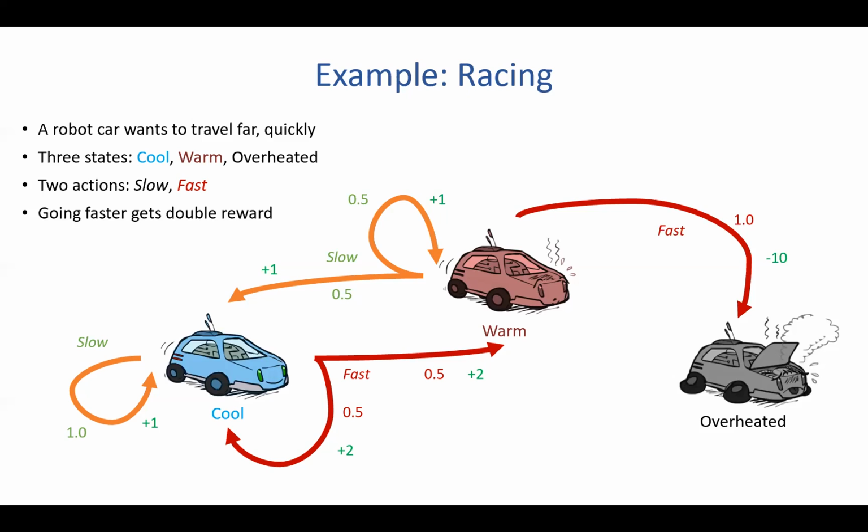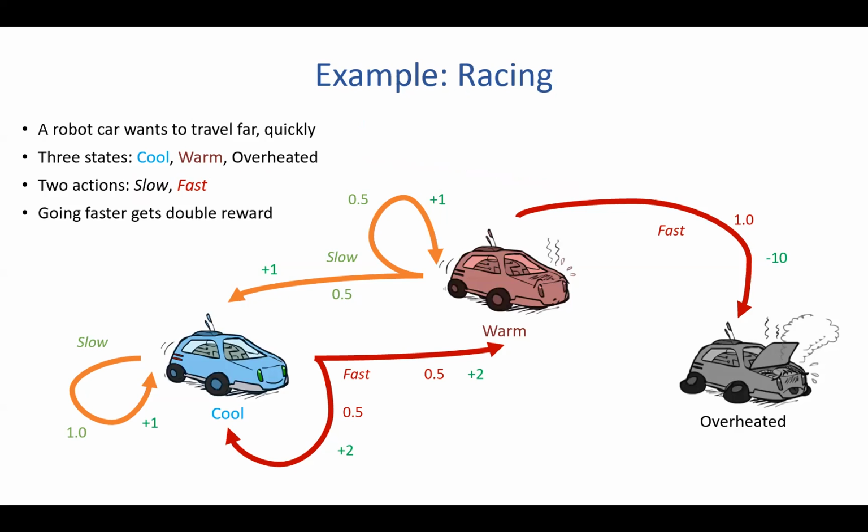Overheated. How did we solve this problem with expectimax search? Basically, we had the maximizing agent, and there's a chance node. From cool, we can drive slow, or we can drive fast, but we can remain cool or just get warm.